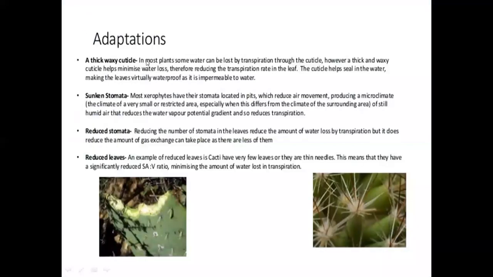And now once again we see the adaptations of the xerophytes. A thick waxy cuticle prevents water loss from the surface of the leaves and from aerial parts like stems. And sunken stomata. Most xerophytes have their stomata located in pits, called sunken stomata.